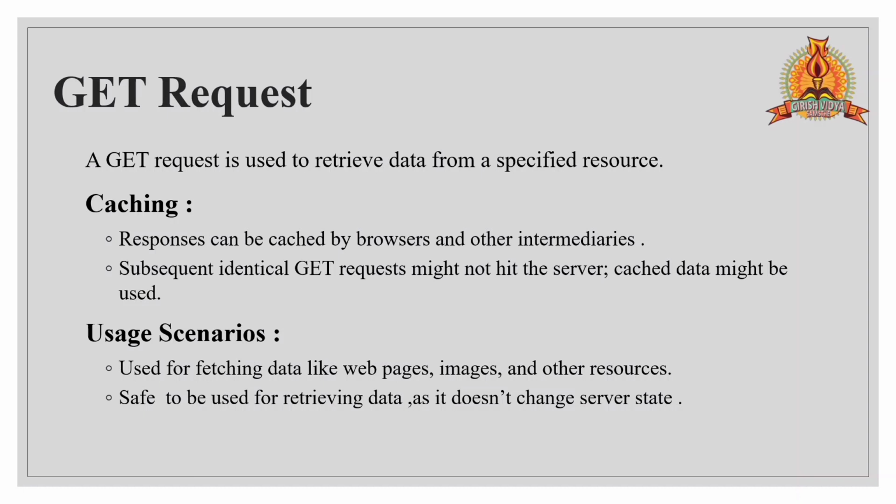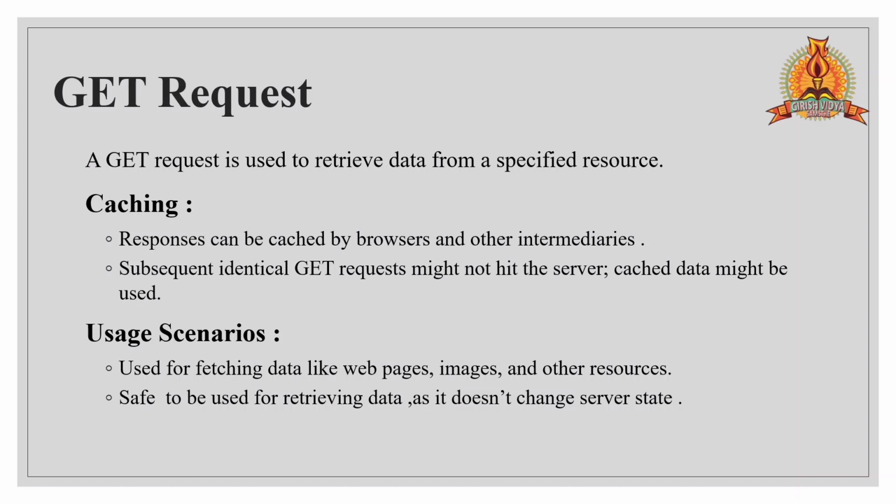What are you asking? Like that, when a GET request is sent to the server, any intermediate server or browser can catch that information. Caching means some intermediate party is storing the information.